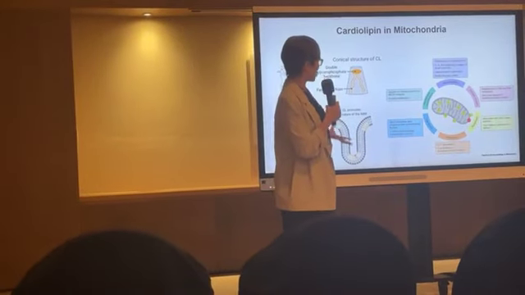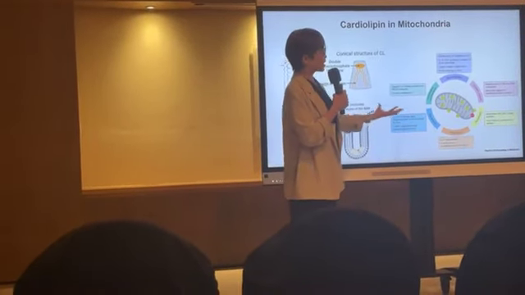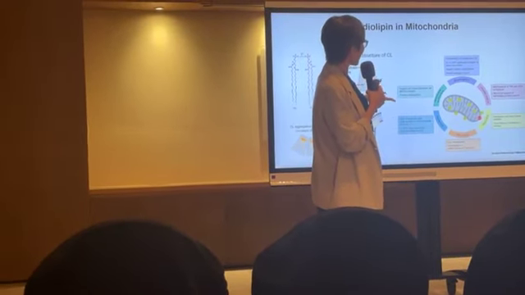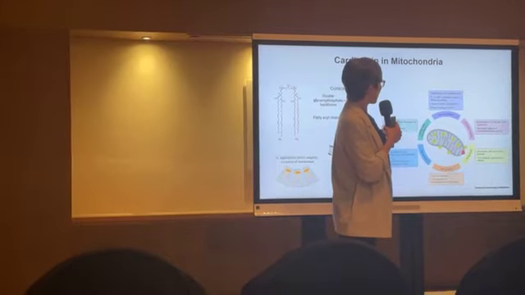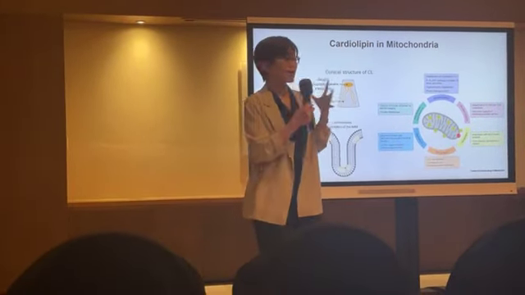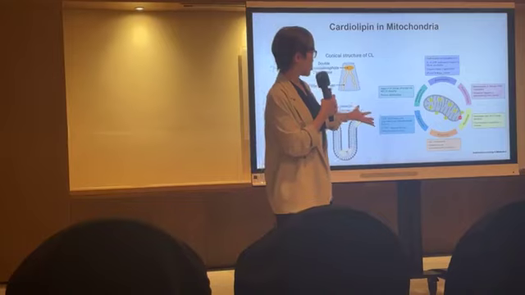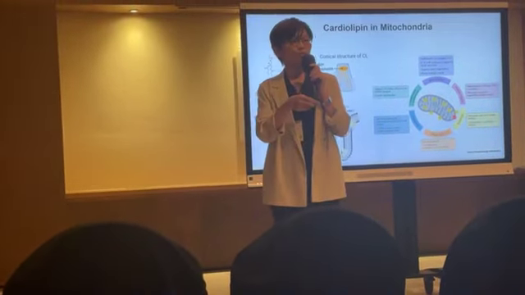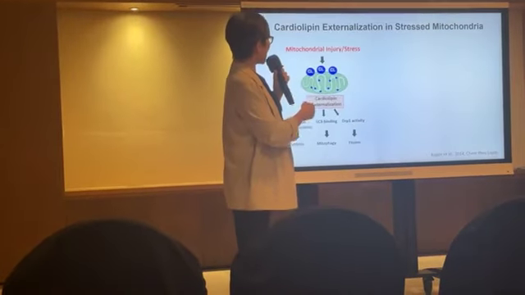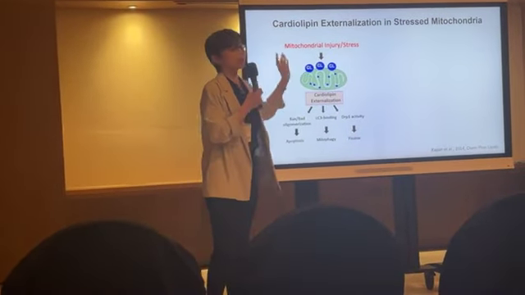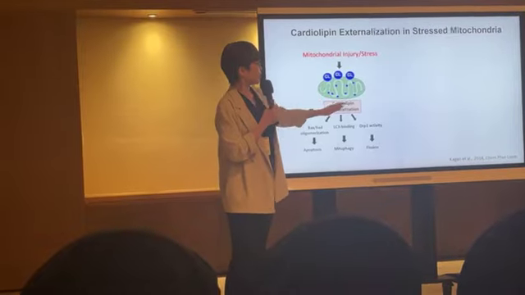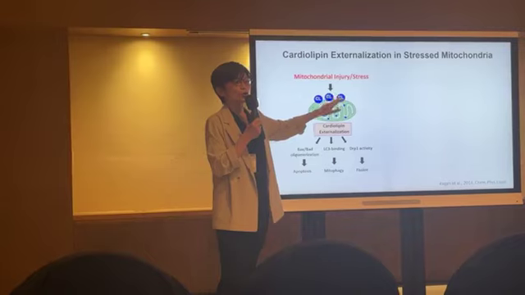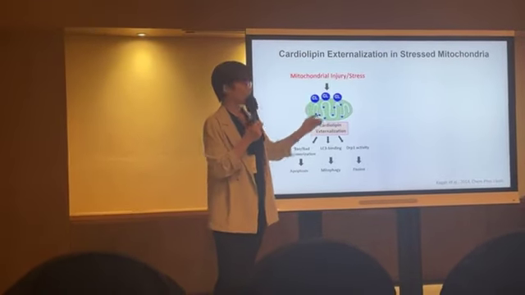And with this unique structure, cardiolipin is critical for the membrane architecture, protein import, and function of those electron transport chains. However, it also contributes to the dynamics, mitophagy, and also apoptosis of mitochondria. How come? This is because when mitochondria are under stress or injury, cardiolipin will be externalized from the inner membrane of mitochondria all the way to the outer leaflet of mitochondria.